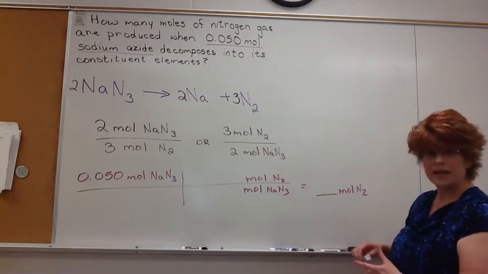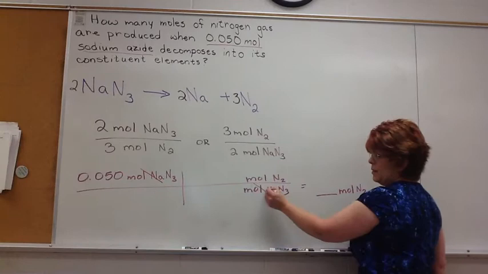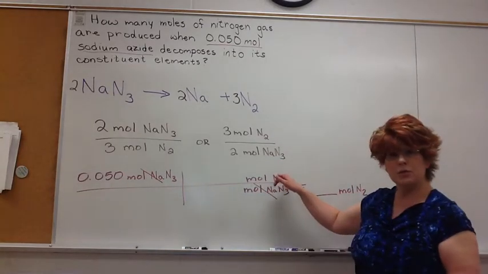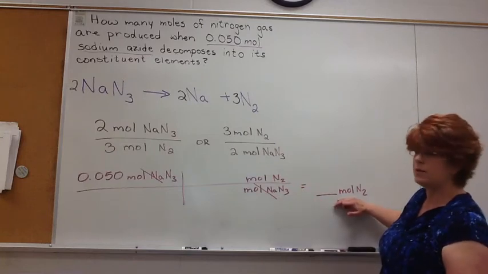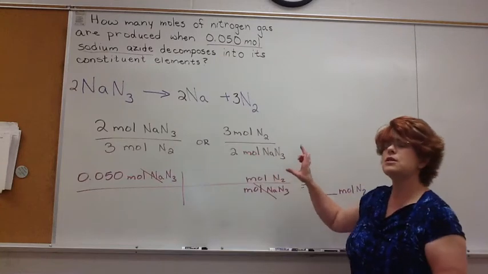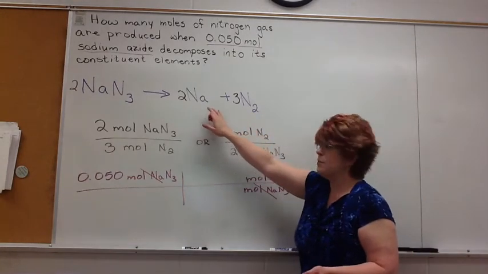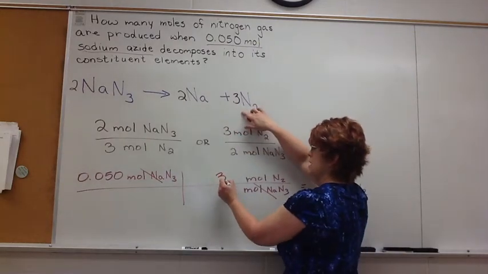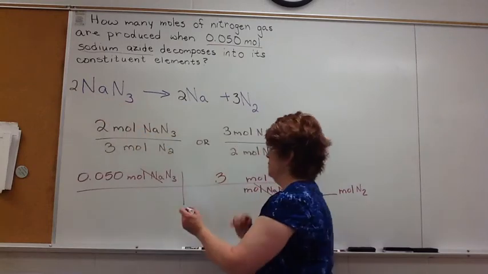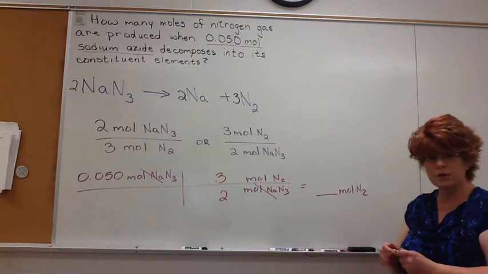So this will allow me to cancel out, because moles of sodium azide divided by moles of sodium azide is 1. So I can just cancel those out. And then I'm left with the unit of moles of nitrogen, which is what I want for my answer. So then I just look at where my units are, and that helps me to determine which of these conversion factors I need. Back with the balanced chemical equation, I see that I have 3 moles of nitrogen for every 2 moles of sodium azide. So that is the correct conversion factor.